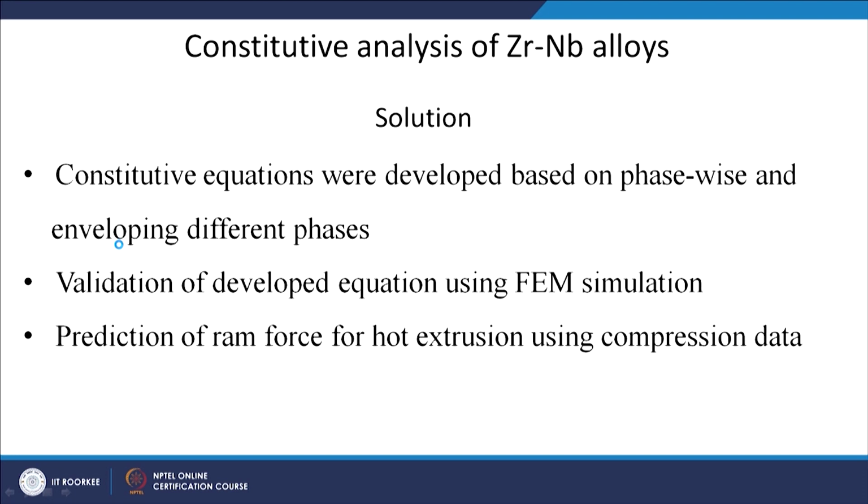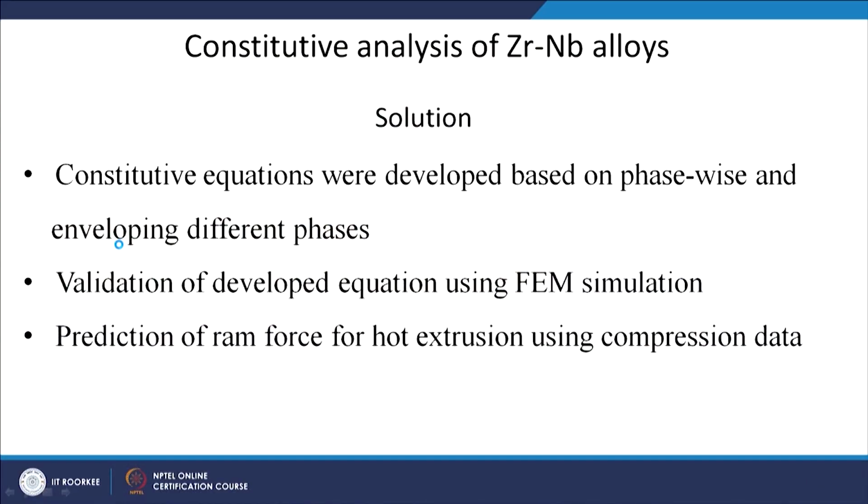Now, how do we know whether what we are doing is correct or not? We tried to validate it using FEM simulation, with the constitutive equations developed for the different phases. Prediction of ram force for hot extrusion was used as the process to simulate. These constitutive equations were used there, and we tried to simulate and compare the result with the actual data.